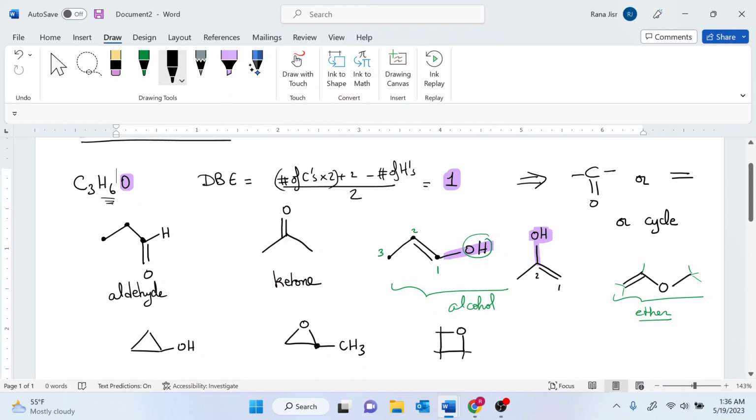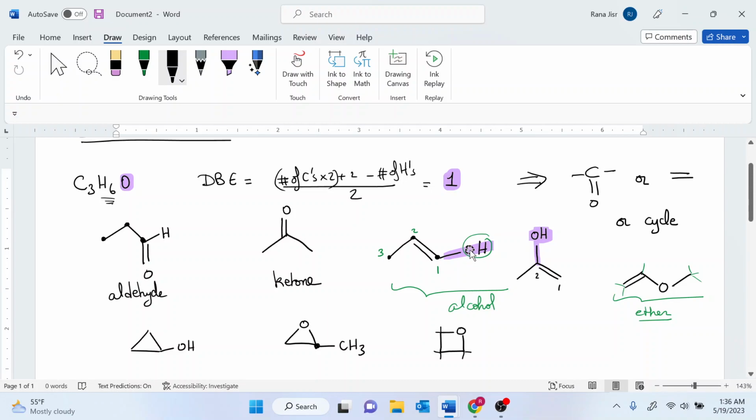When do you know when to stop? Well, there is no rule in there, because once you do the DBE, you have to put your choices that you are using. So if you're using a carbonyl, this means that you need to draw all the aldehydes and the ketone, especially because you have 1 oxygen in there. This is why we said it's an aldehyde and a ketone.